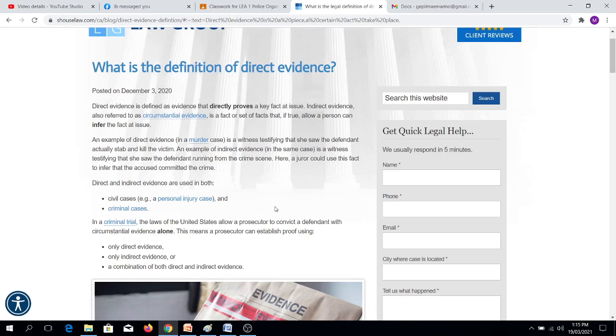And there is no direct piece of evidence that would say that the blood that is found on the bloody knife is really the blood of a human being and is really the blood of the victim. Okay? So for example, a direct evidence like in the case of murder is a witness testifying that he or she saw the defendant actually stab and kill the victim.